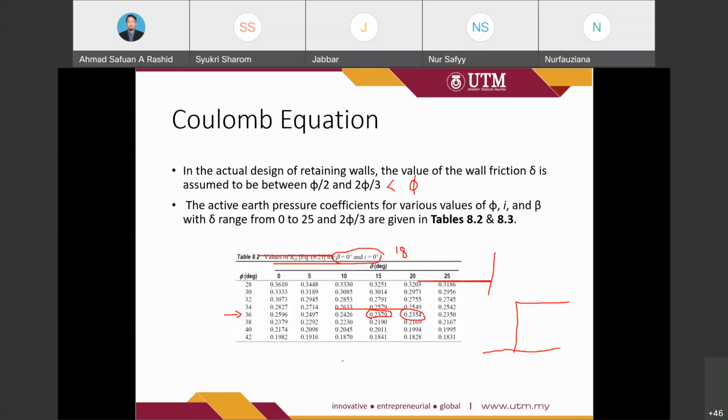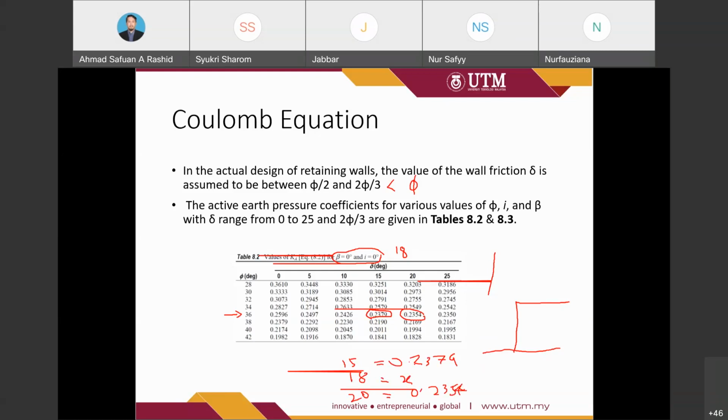Which is 15 is equal to 0.2379, 18 is equal to X, and 20 is equal to 0.2354. So by doing this interpolation, we can get the X value.